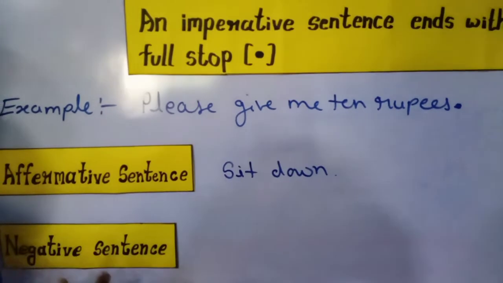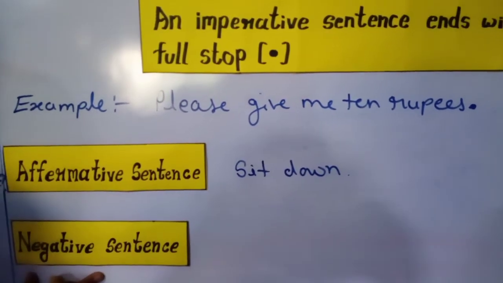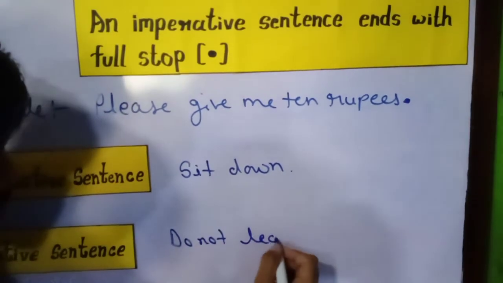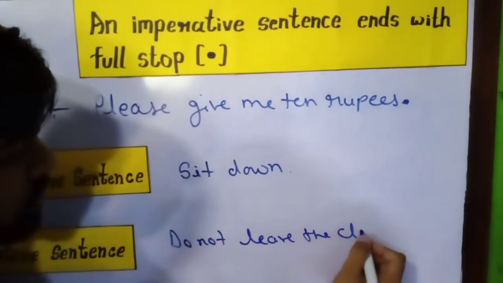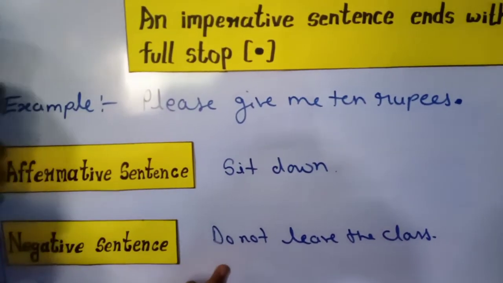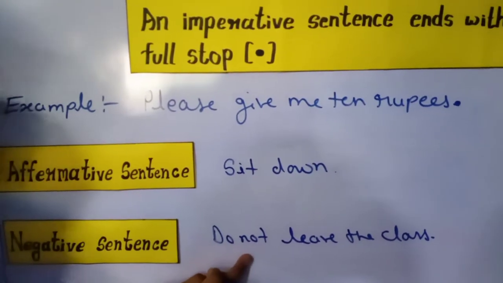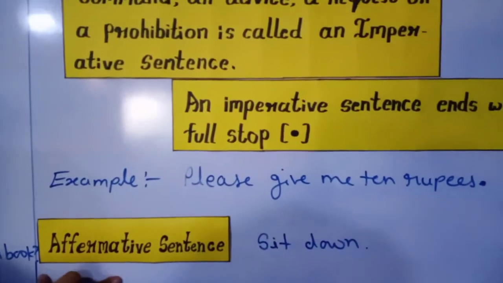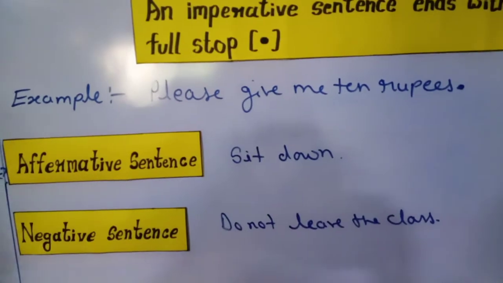That is affirmative sentence. And negative sentence, do not leave the class. Do not leave the class means here also we are ordering, but the sentence is in the negative form. So this way we can say imperative sentence also in affirmative sentence as well as negative sentence.